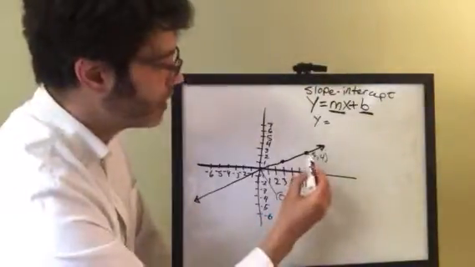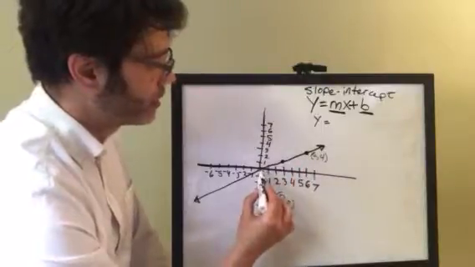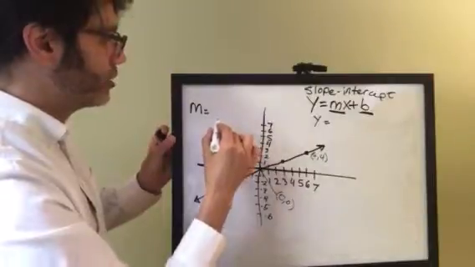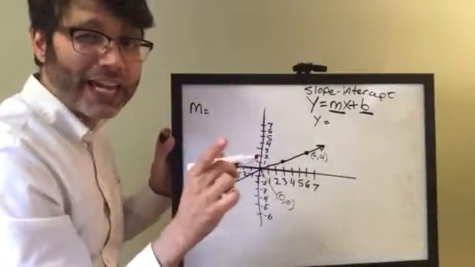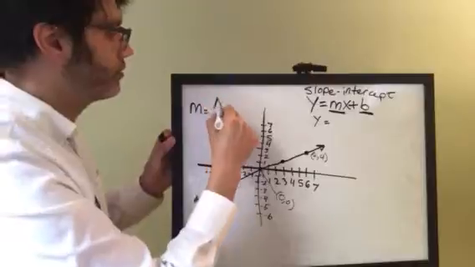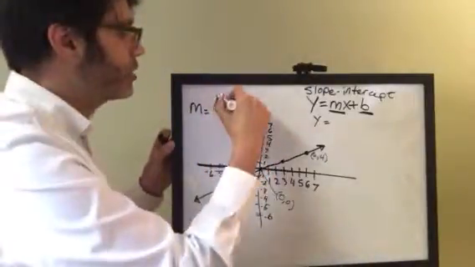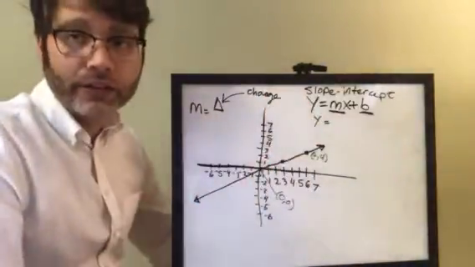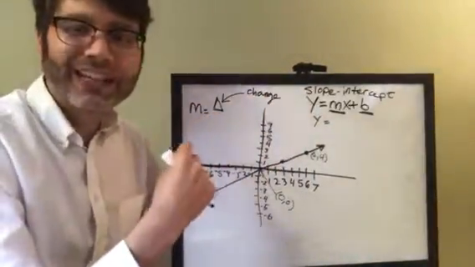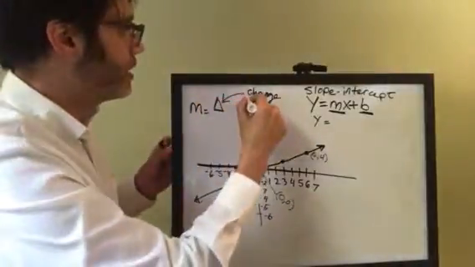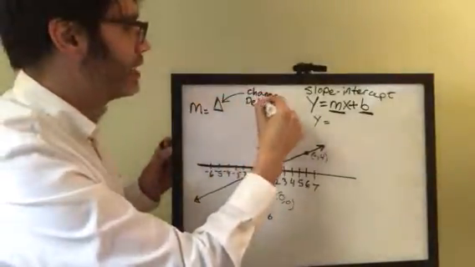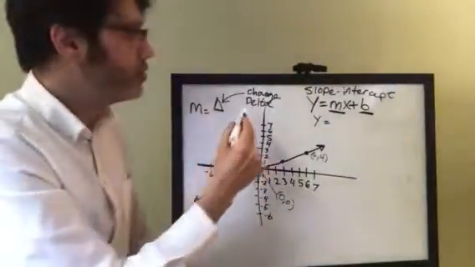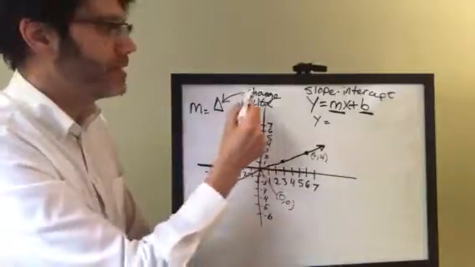So if I'm going to try to get from here back to here, the slope is the horizontal change, and instead of writing change, I'm going to write a triangle. Triangle means change in Greek. This triangle is called delta. Delta is the Greek letter for what we call D, and mathematicians have chosen to use delta to mean change.